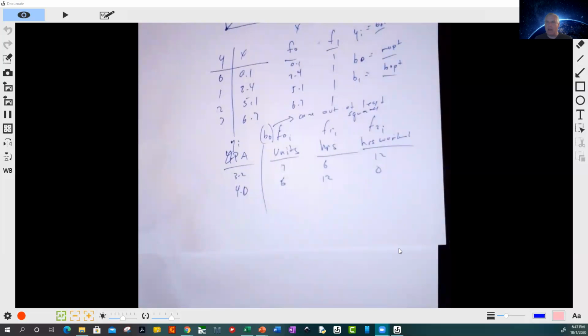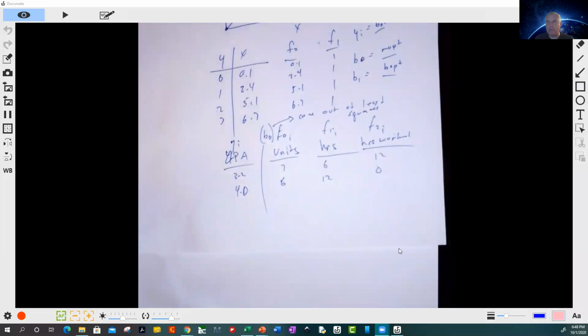But if the GPA depends on the units, right? Will the value of B0... no, I can't ask that. Okay. So let's say that the hours worked has a negative impact on GPA, right? If someone doesn't have a job, they can study and they will get a higher GPA, right?